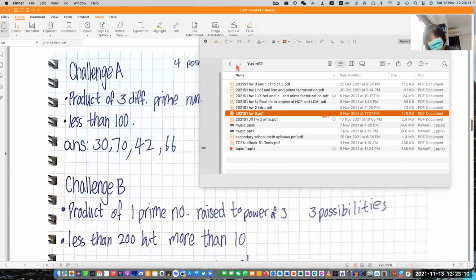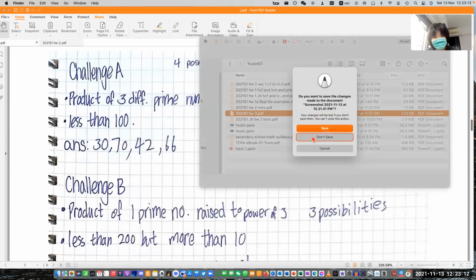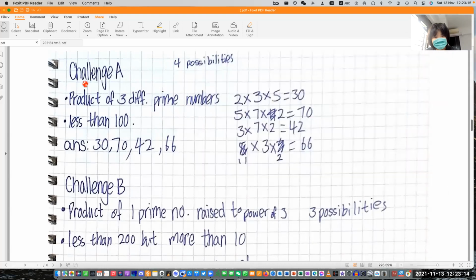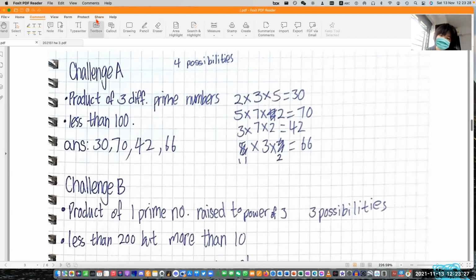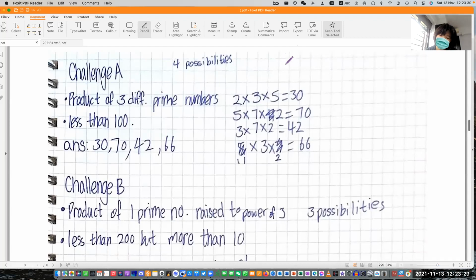With homework 3, challenge A: product of 3 different prime numbers less than 100. So basically you have to figure it out. Always remember, you can write down the first few prime numbers first.